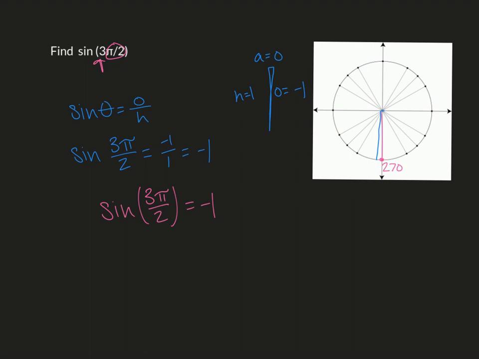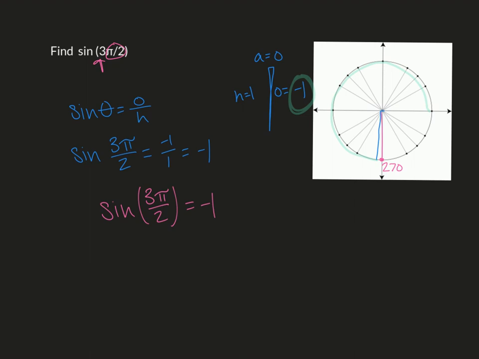I don't think you can see the yellow. Let me actually change it really quick. Half of the pi, another half of the pi, and then the third half of a pi. Takes me to 270. My adjacent has been squashed to basically nothing. Remember, your opposite is a -1 because it's going down, and then you just get -1 as your answer.